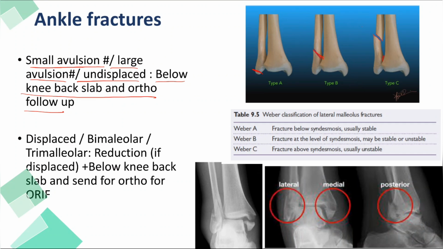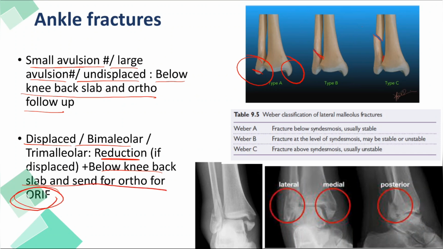But if it is displaced or bimalleolar, so both malleoli involved, or trimalleolar, so even the posterior malleolus involved, it needs reduction. If displaced, below knee back slab and send to orthopedics for open reduction, internal fixation.